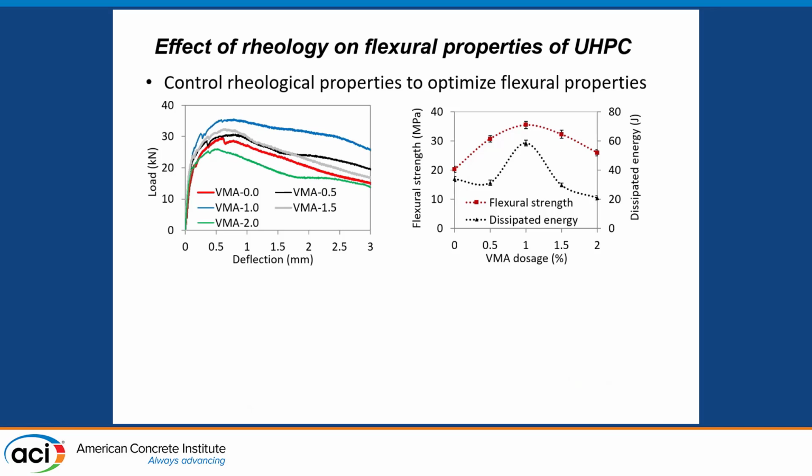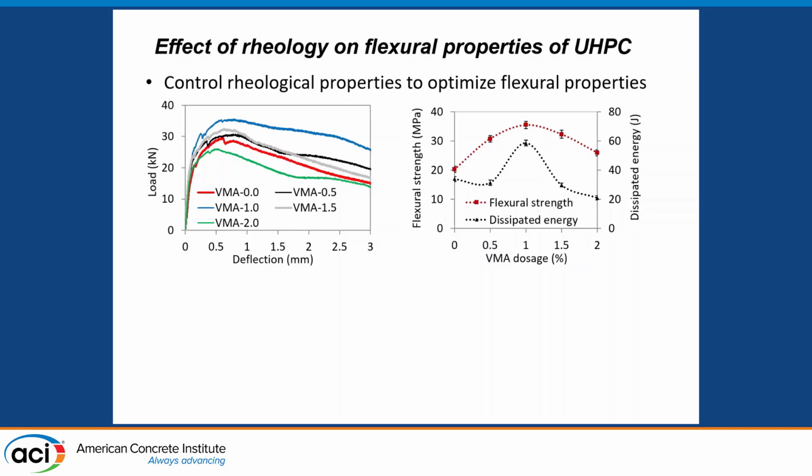So from our results, the flexural properties, specifically the flexural strength and the dissipated energy, which is calculated from the area under the flexure curves, increased with VMA and then decreased.